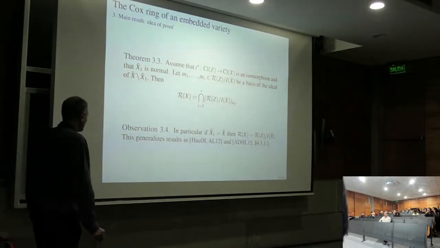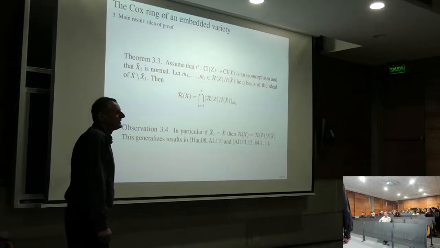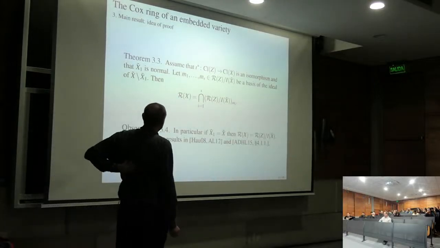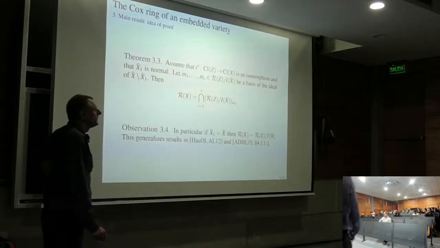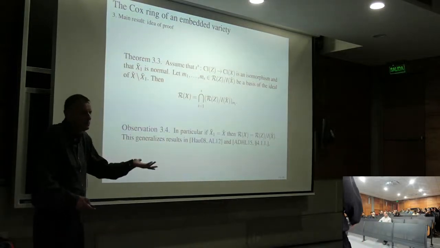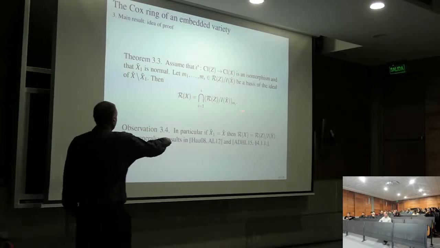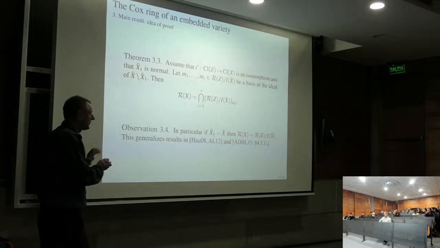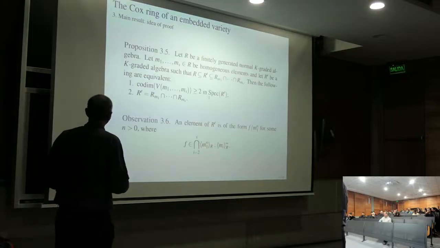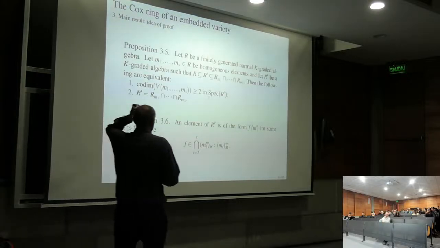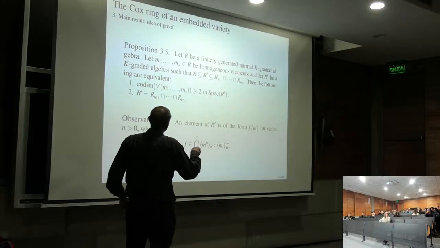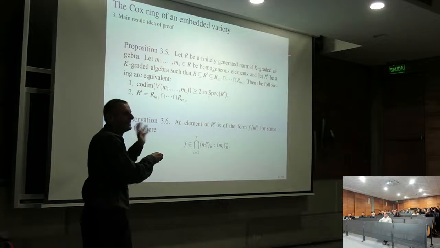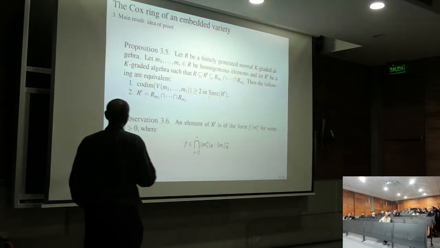Okay, now what to do with this? The point is trying to guess new generators, knowing that this is the structure. So we have two propositions. Let me show them to you. So first one, R is a finitely generated normal CL(X)-graded algebra.